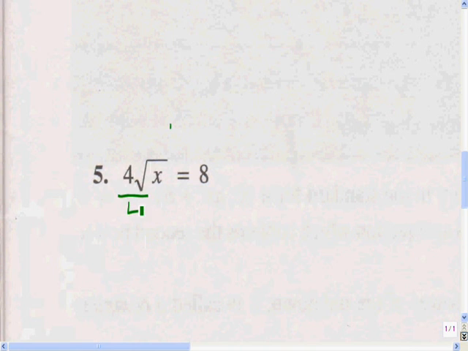So we're going to divide by 4. 4 divided by 4 equals 1, and 1 times radical x equals radical x. What I do to one side, I have to do to the other, so I'm going to divide this side by what? 4. 8 divided by 4 equals what? 2. Okay.